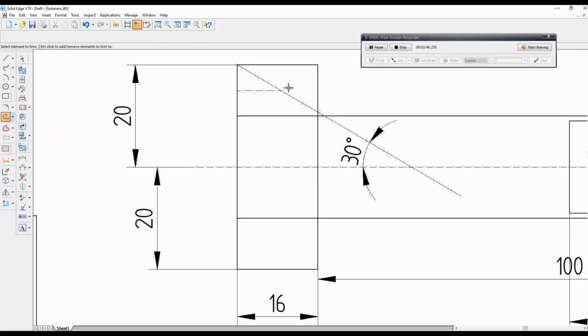Trim the extra portion. So this is the center. I'm going to draw an arc. So this is a radius. Yeah. Here an arc, and one more arc on this side. Actually, this should be dark. This is our chamfer. So I'm going to make this as dark.